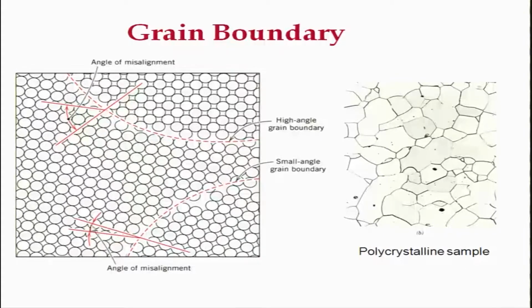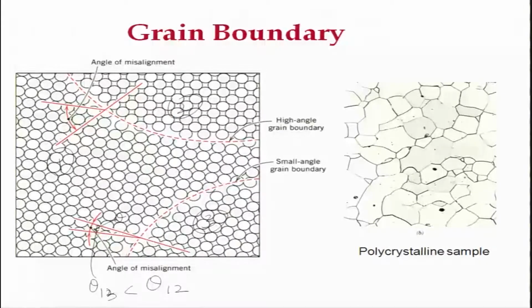So, you can see that between the grain on the left and the right, the misorientation angle is smaller. So, this is the angle, let us say theta, and between these two. So, if this is grain 1, grain 2 and this is grain 3, theta 1 3 is smaller than theta 1 2.